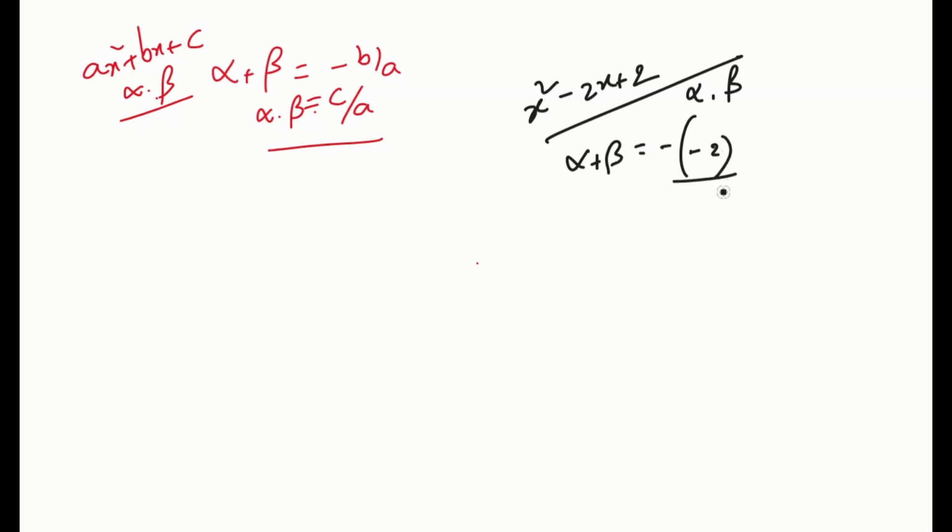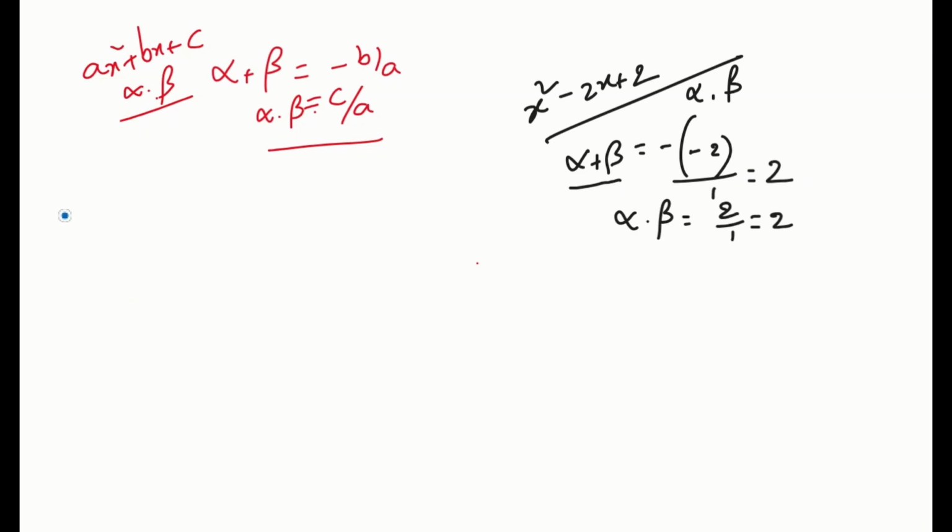In the same way, the product of the roots is c by a, c is equal to 2, so 2 by 1, alpha into beta equals 2. Now alpha plus beta and alpha beta, we know both of these. So let's approach the first one.